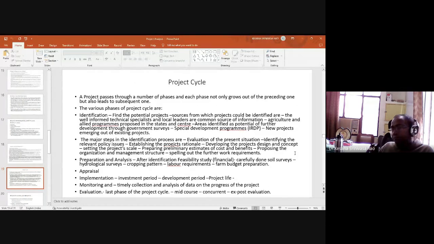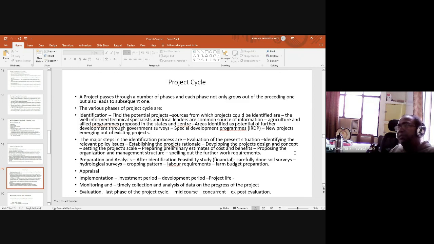Then appraisal. How do you do the appraisal? Appraisal means, while doing the project, it's a midterm appraisal or quarterly appraisal or monthly appraisal, like that. It depends upon your objectives, your budget, your level of achievement, the monitoring, and all these steps, which you consider, and then you can see the appraisal.